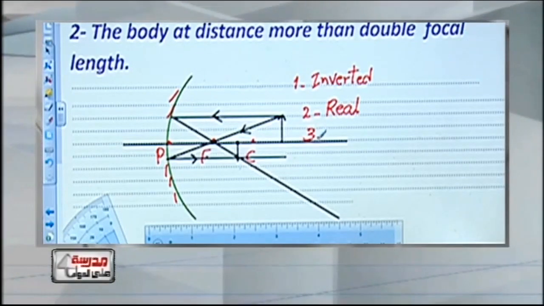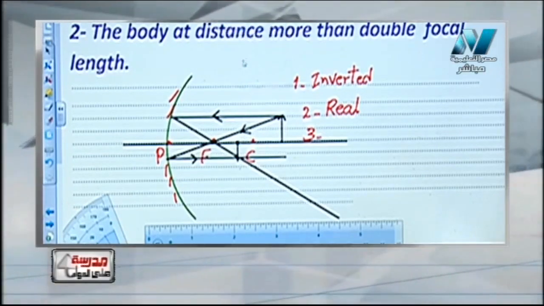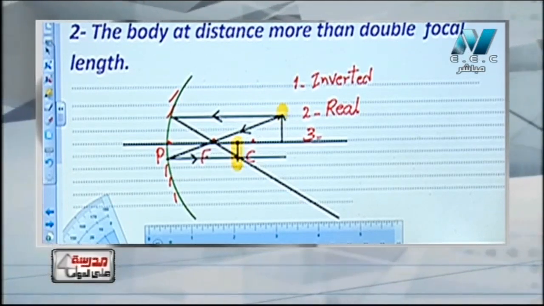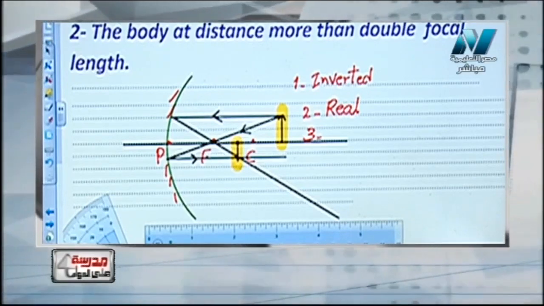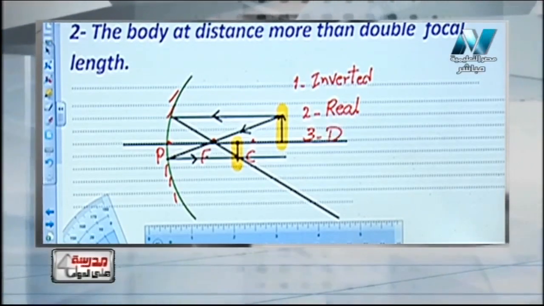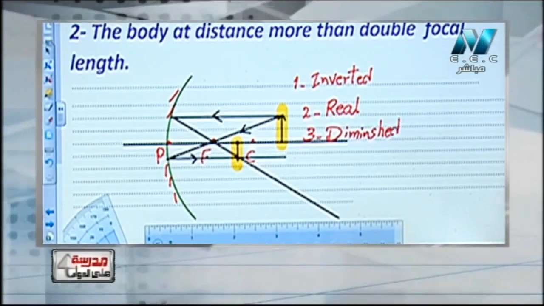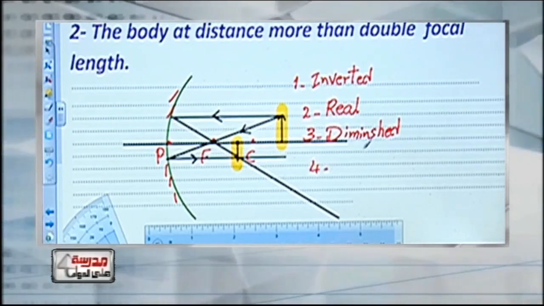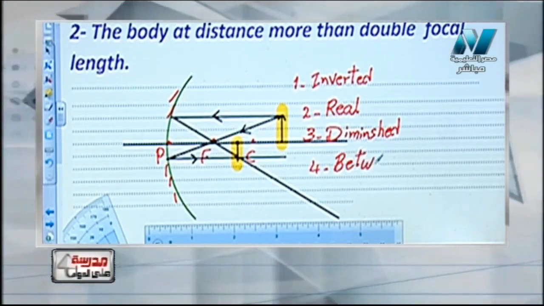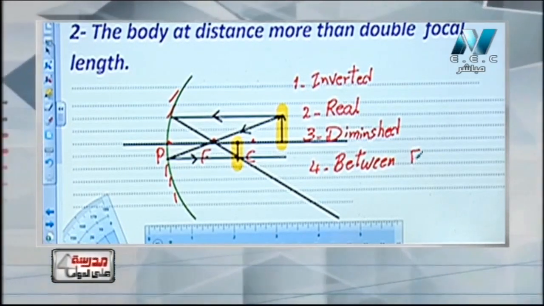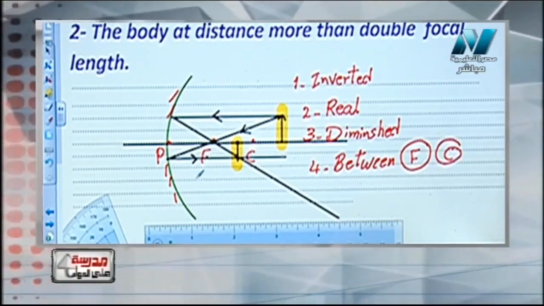Number 3, the image is smaller than the object, as we see from the size of the image and the size of the object, which means diminished. Number 4, its position is between F and C, between center of curvature and focus.